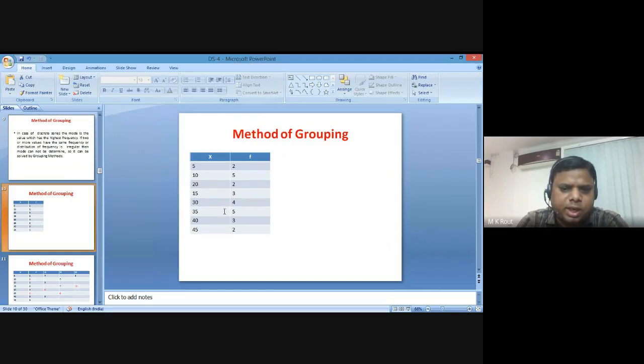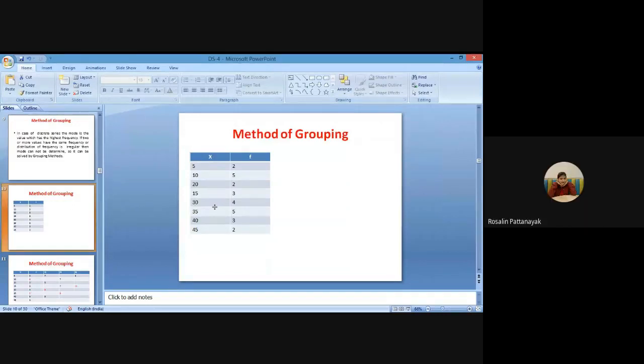But there are 2 frequencies with the highest number of appearances. For this example, we have 2 highest frequencies in the frequency distribution. One belongs to the variable 10, one belongs to 35. Clear? Yes, sir.